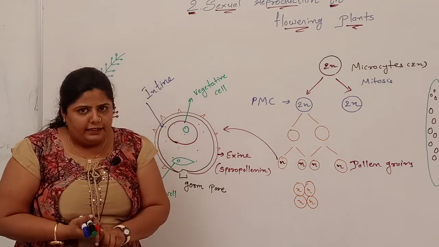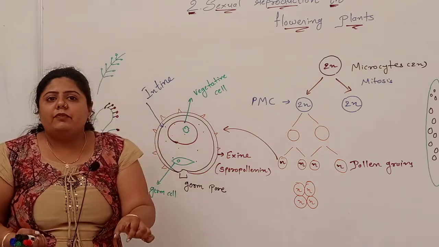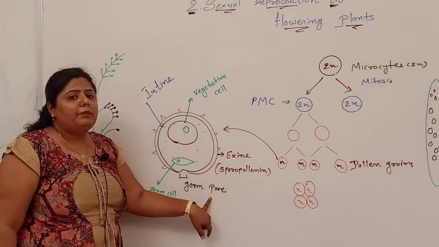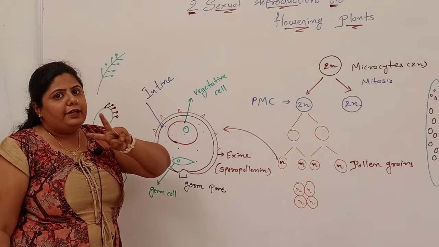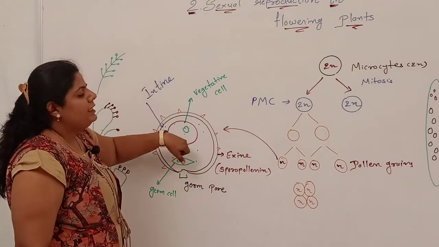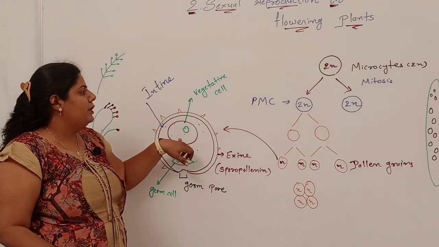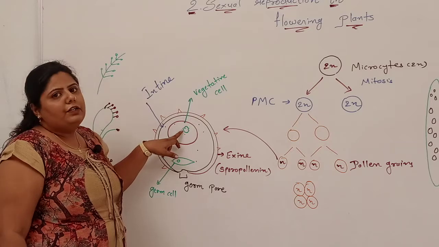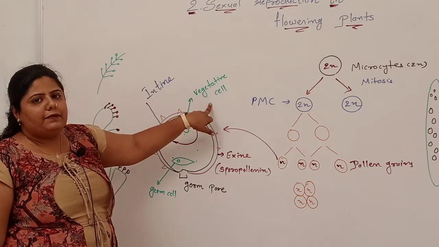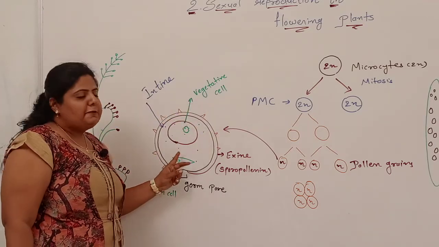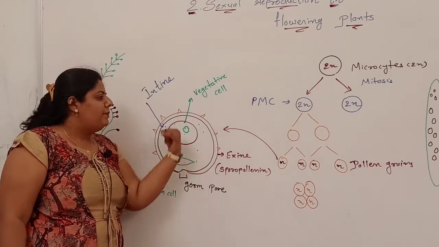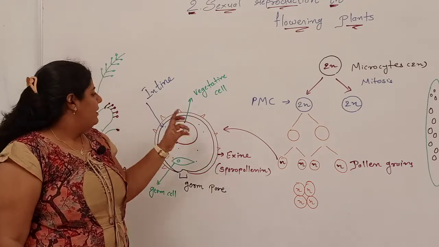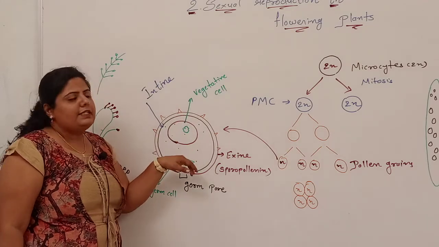From this intine layer, the pollen tube will develop through the germ pore. Now pollen contains dense cytoplasm and 2 cells. One is large with high food storage and an irregular nucleus. This is called the vegetative cell. Second, the spindle shaped small cell is called the germ cell. So pollen is released where there are 2 cells.